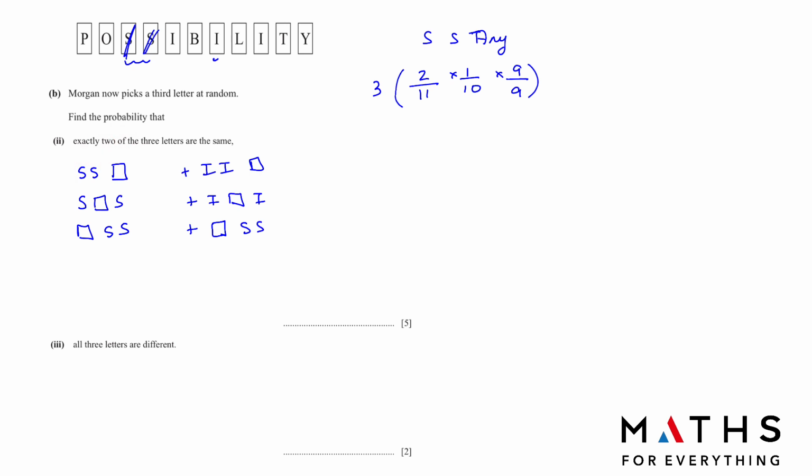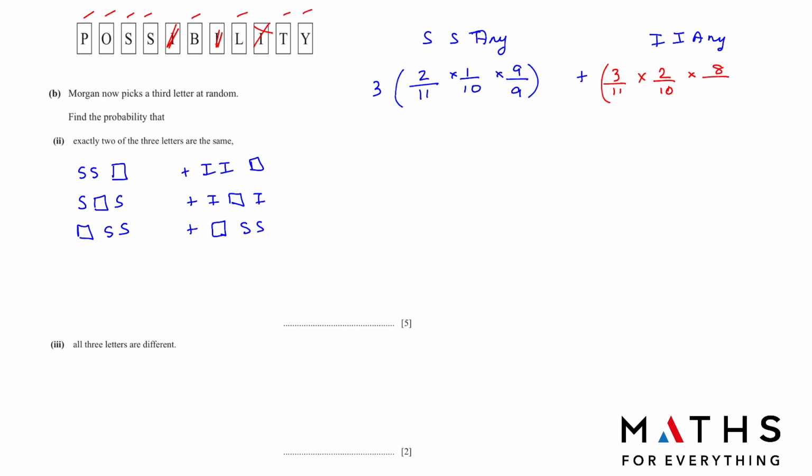And then we have I, I, and any letter. So that will be 3 over 11 multiplied by 2 over 10. Now the third letter cannot be I. So that's not part of our work now. In the numerator, we cannot write it. So how many letters are there? 1, 2, 3, 4, 5, 6, 7, 8.